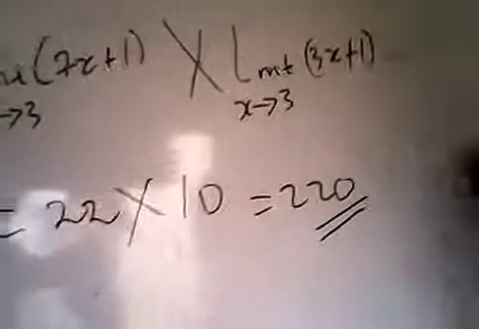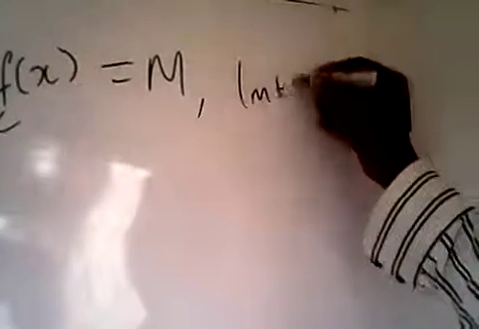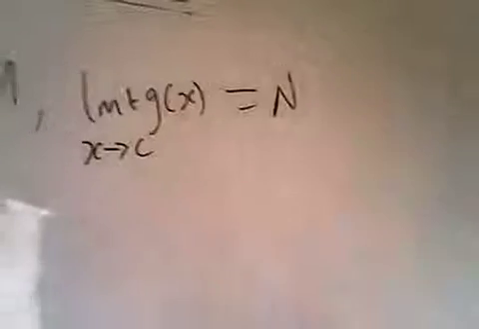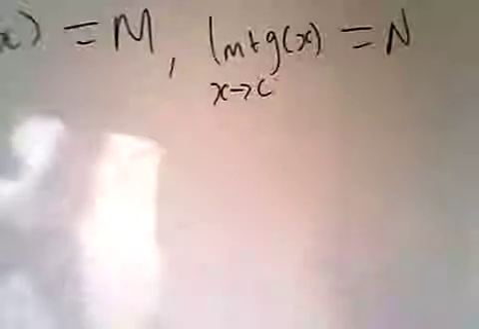Now, the 6th rule is on the limit of the division of functions. When we have the limit of f of x as x tends to c equal to m, and also the limit of g of x as x tends to c equal to n, then we can obtain the limit of the division of the two functions.